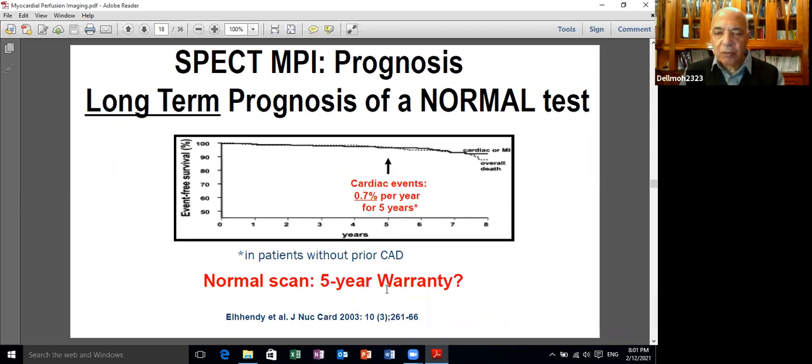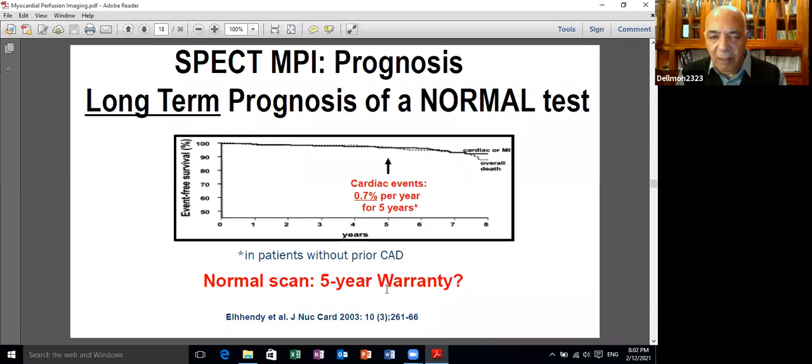Now, I wanted to call your attention to an important thing here. If the patient gets a normal scan, he might get a myocardial infarction the next day. So this 5-year warranty is a population study. It doesn't apply to every patient by necessity, but it gives assurance to the patient that most likely he will not get a coronary event within 5 years.